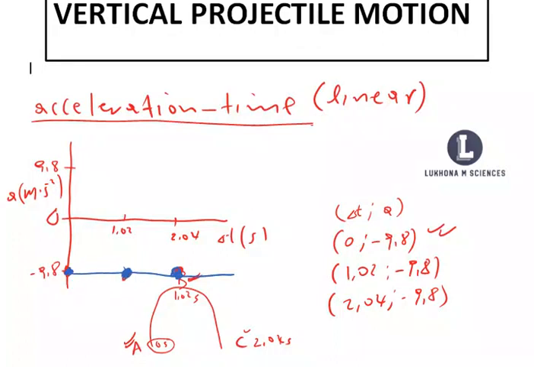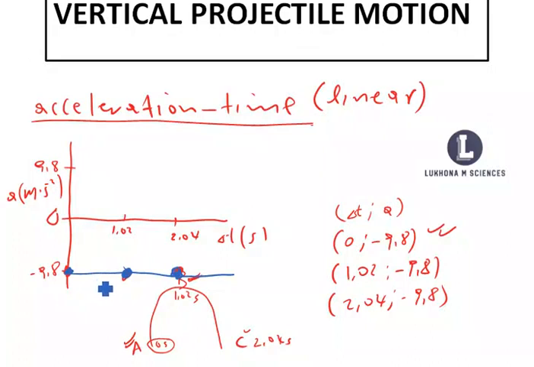So the acceleration time graph will be like this. If you are given an acceleration time graph where the acceleration is negative, the graph is drawn from the negative side, you must know that up was positive, down was negative. The direction was taken like that. So you must know the acceleration is negative because up was considered positive, which means down is negative.